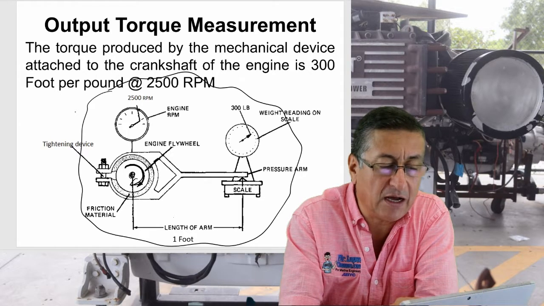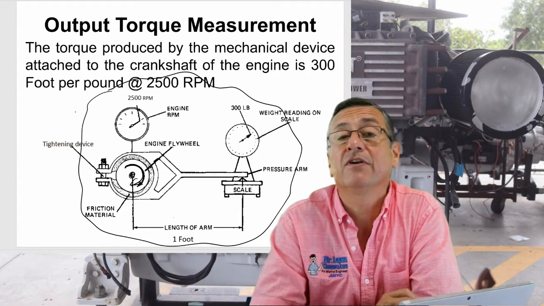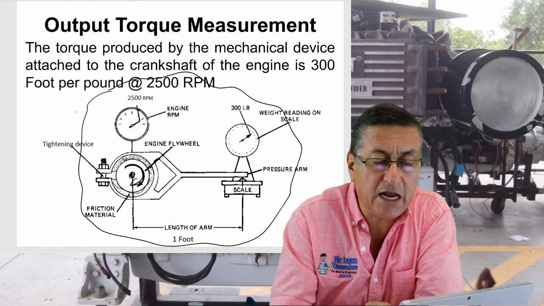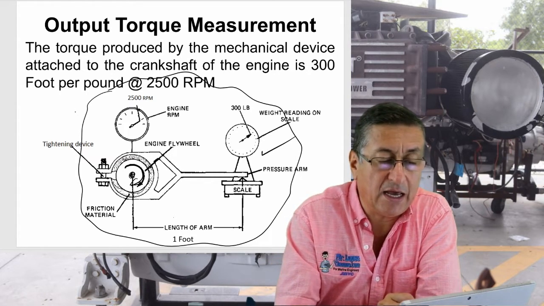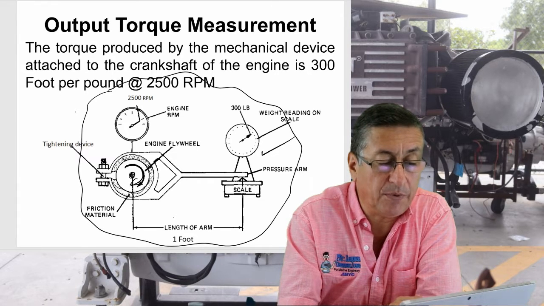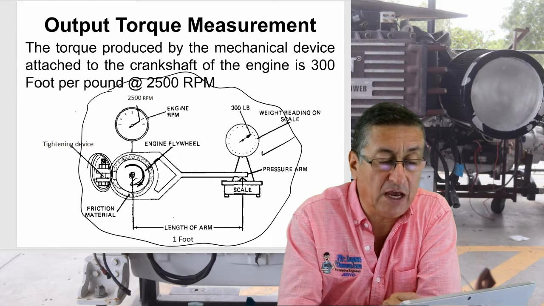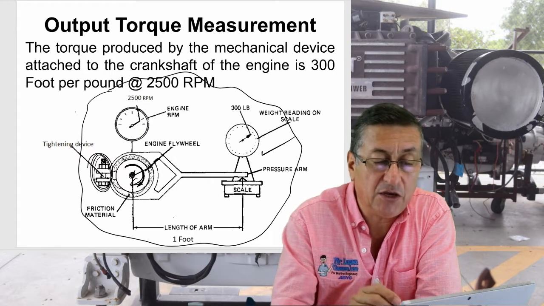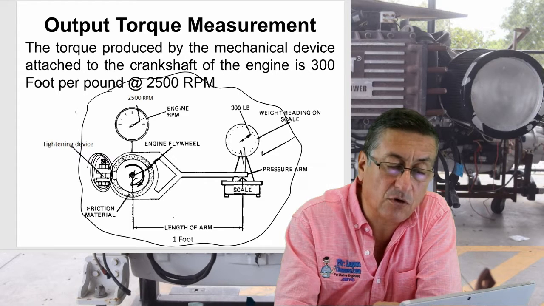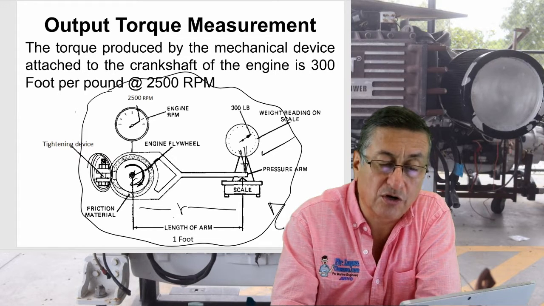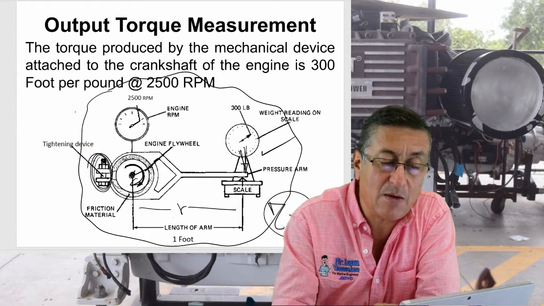These mechanisms have a friction material, like the friction material that you have in the pads of your brakes, and here you have a scale. Depending on the pressure that you apply on this bolt, and depending on the RPMs of the crankshaft, you can produce a vertical force here, and the vertical force times the radius produces the torque. This is the dynamometer.